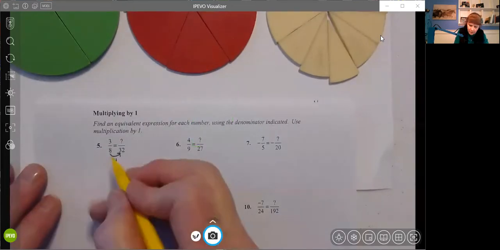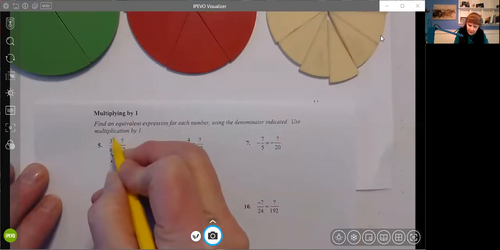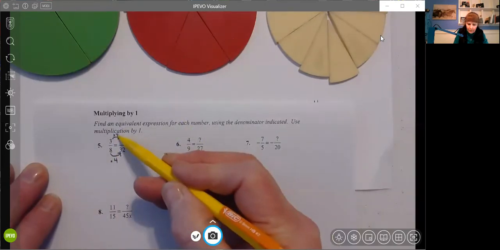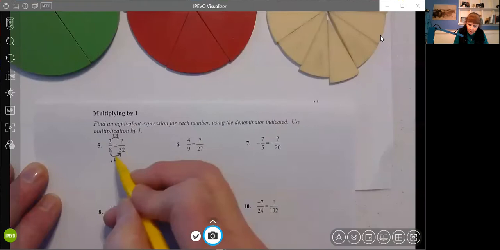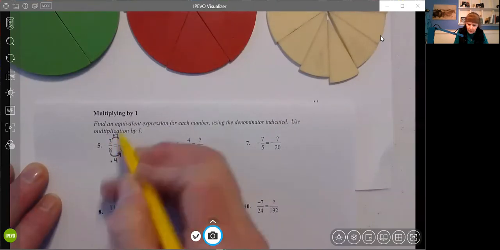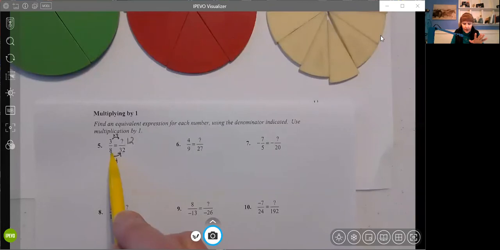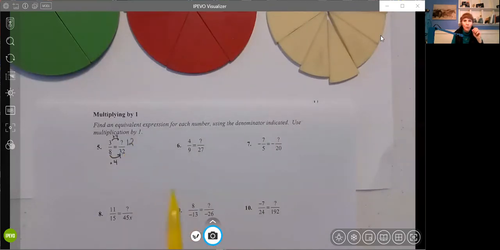All right, so if I multiply by 4 here, I have to multiply by 4 here. It's like multiplying by the number 1, 4 over 4. So 8 times 4 is 32. 3 times 4 is 12. So if I have 3 pieces of the 8ths, I would have to have 12 of the 32nds in order for them to be equivalent.